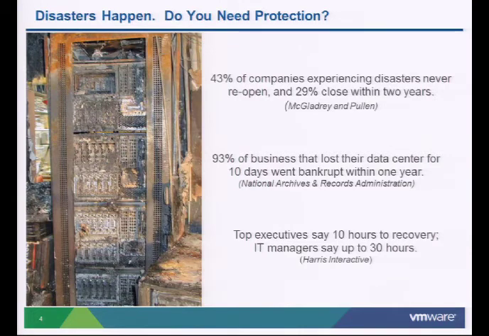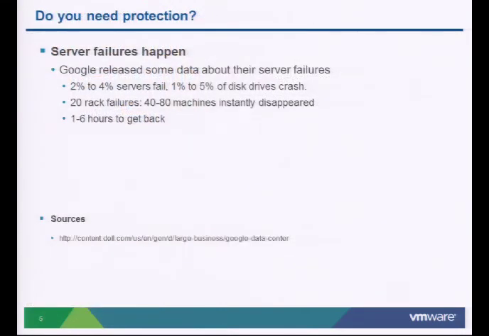In some unfortunate situations, you could have burnt racks, but something or the other will happen and workloads will stop running. We were trying to look for data about server failures, and we found something that was published by Google. They mentioned that in their data centers, they see as many as 4% of servers fail in some situations. There are times when they see 5% of disk drives crash. They even see situations where entire racks go down, which take down with them multiple machines.